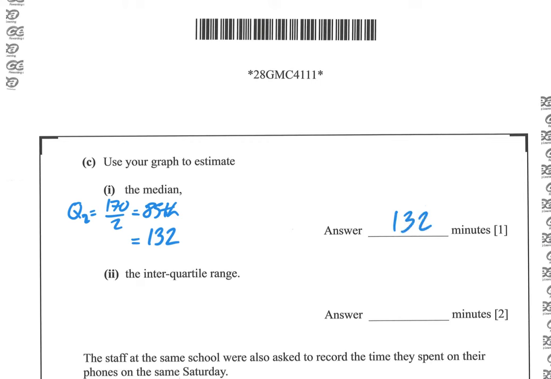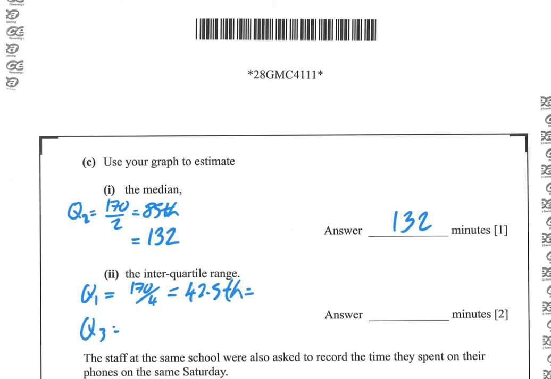For your interquartile range, you need to find your lower quartile, which is just going to be 170 divided by 4 is the position of it. So 170 divided by 4 gives me 42.5. That's what the value is, and we can work that out.